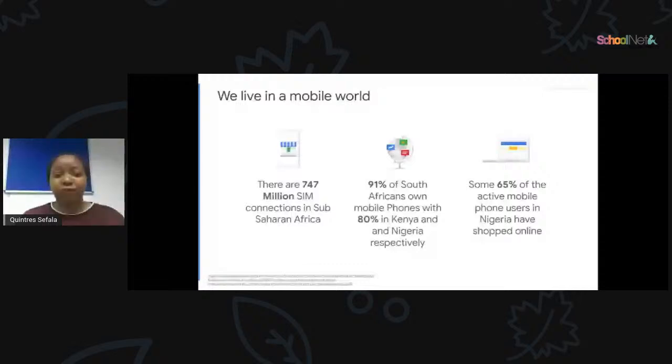And now, something that will pop up, mainly for me, is that I will take out my phone and quickly Google that question that I may have. So that's how we use our mobile phones.